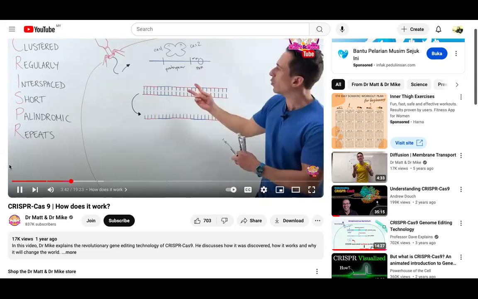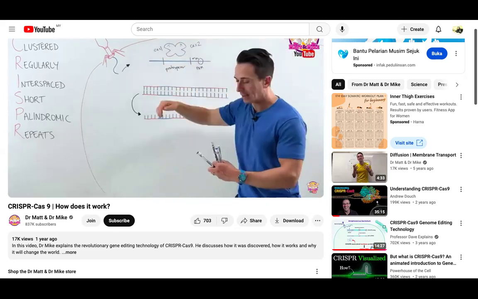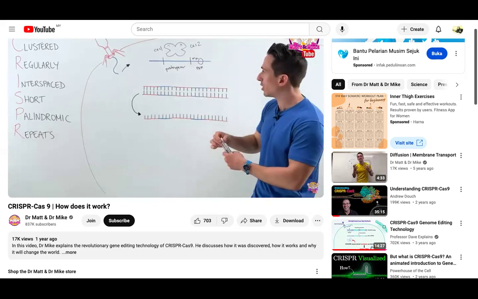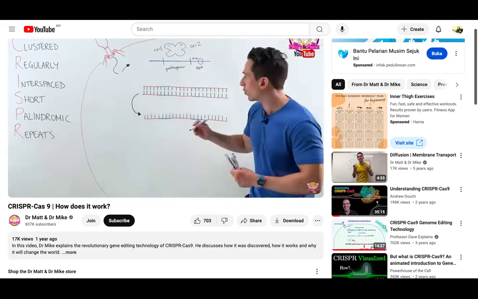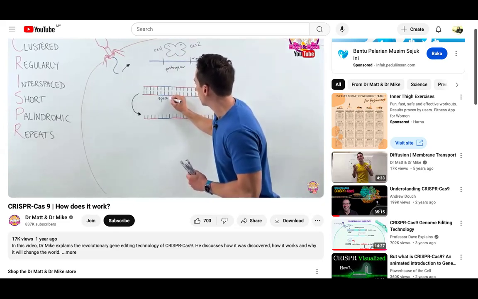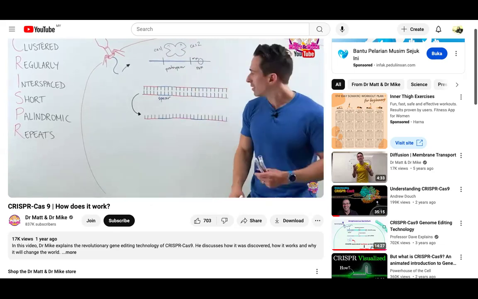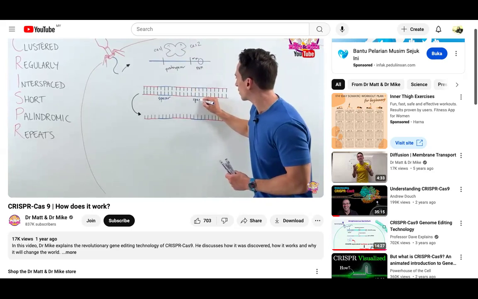So it has now created or cut this protospacer, and it takes this protospacer and incorporates it into the bacterial genome. Once it's incorporated into the bacterial genome, it is now called a spacer. So here we have a spacer from a virus. We've also got another spacer here, which is from another virus.